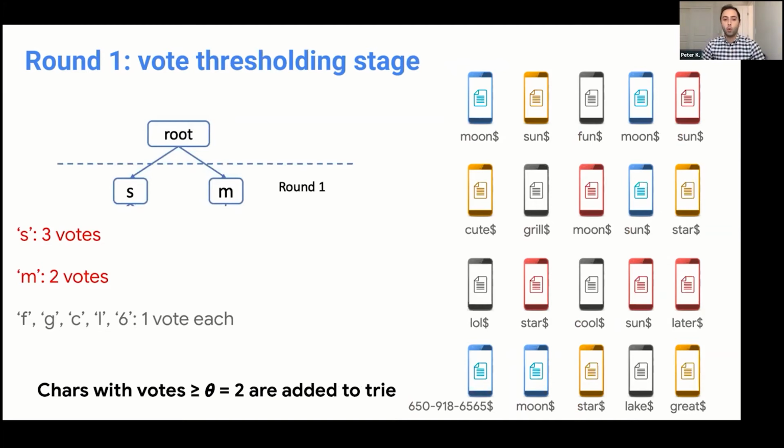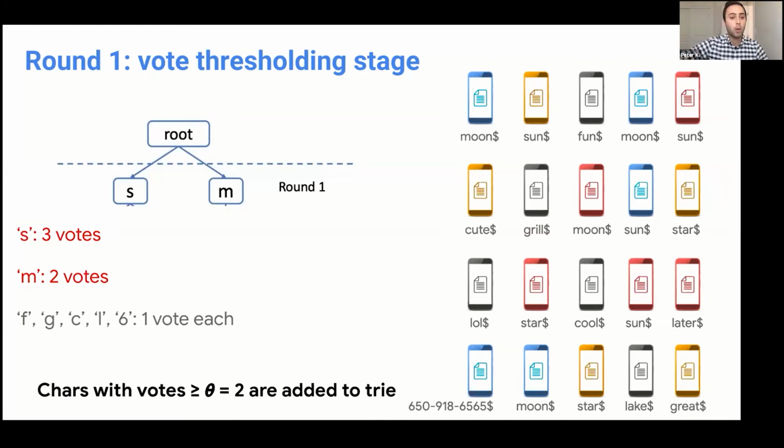But for this toy example, I'm setting it to 2. You can already see that words that start with anything other than S and M are not going to be discovered by the service provider, because after the completion of round 1, the service provider learns that only words that start with S or M are popular, because these are the only 2 characters that receive votes above the threshold.